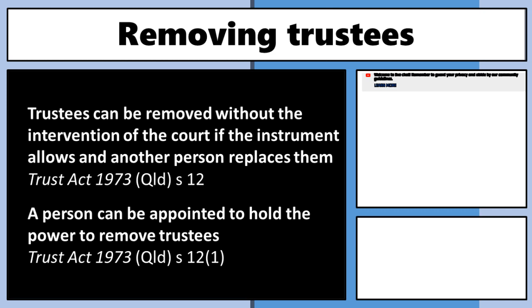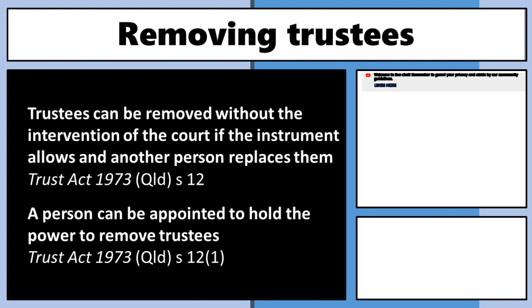And Section 12 lists essentially the reasons that you can do that. And in the instrument, you can add to that list. So the example is you could add physical infirmity, for example.